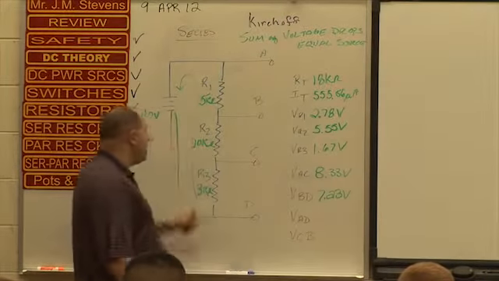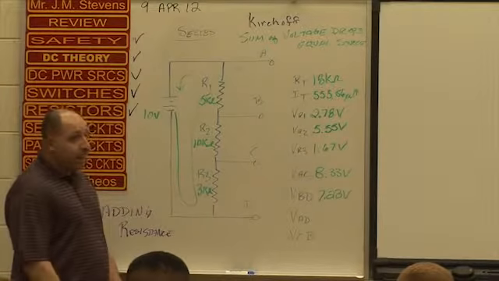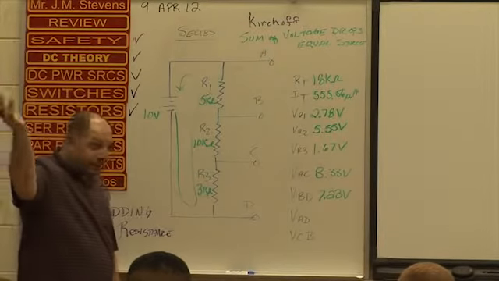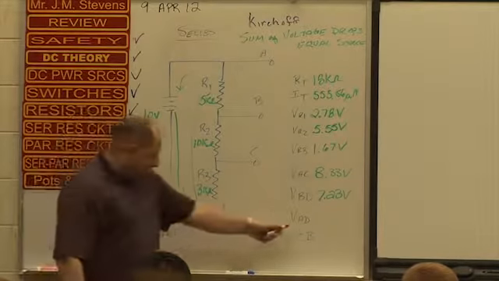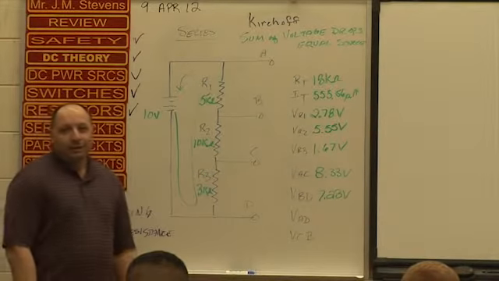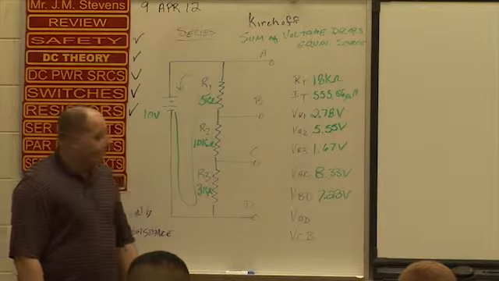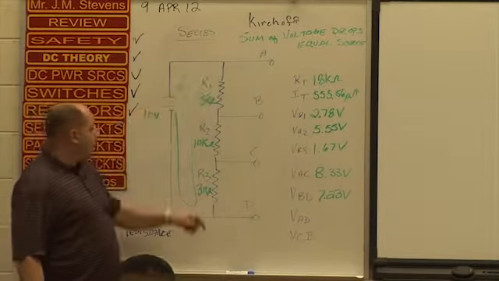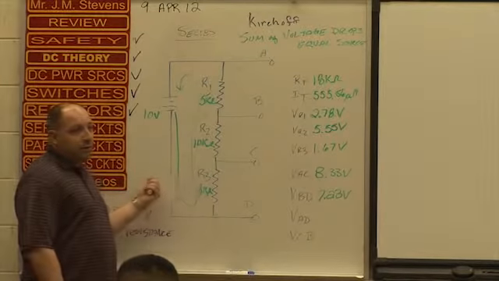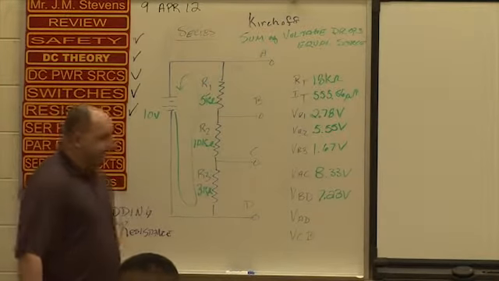You're just adding VR2 and VR3 together because voltage is additive in series. Voltage from point A to D. You need to do anything for that? If you realize A to D, top of R1 and the bottom of R3 is in parallel with the source, so it must be 10.